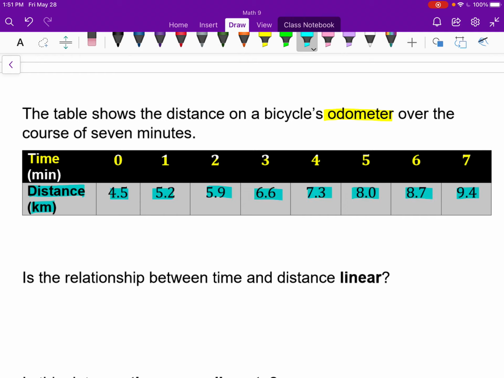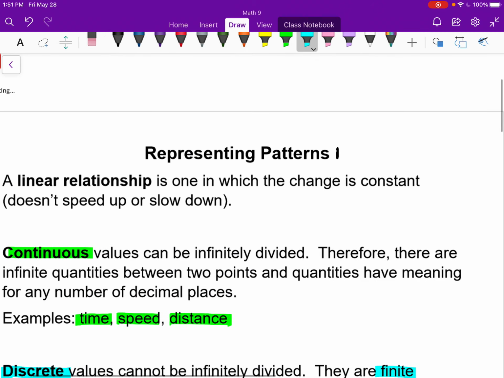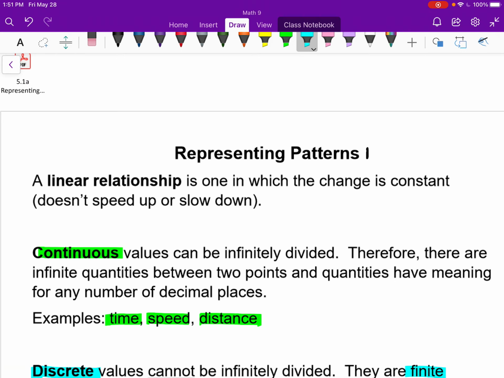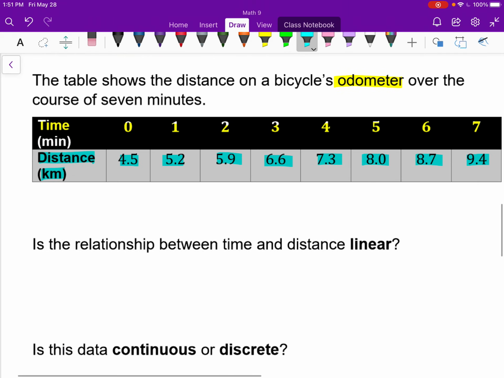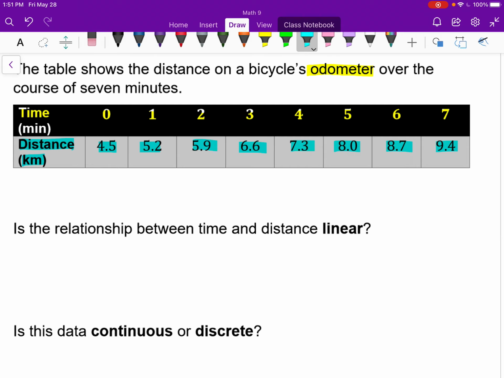So my first question is, is the relationship between time and distance linear? Let's remember what linear means again. Linear means the change is constant. It doesn't speed up or slow down. It's hard to tell just yet by looking at this table, but let's look for the change. A natural thing to look at is what is the change from, in this case, 1 minute to the next? Well, from 4.5 to 5.2, we go up by 0.7 kilometers.